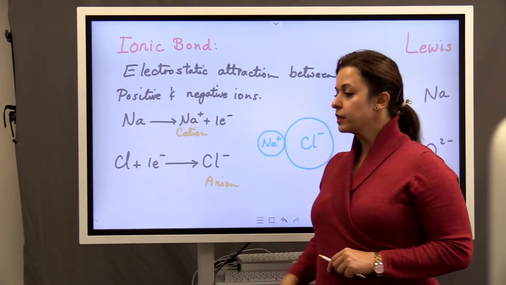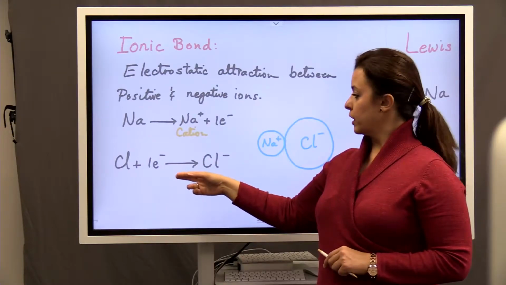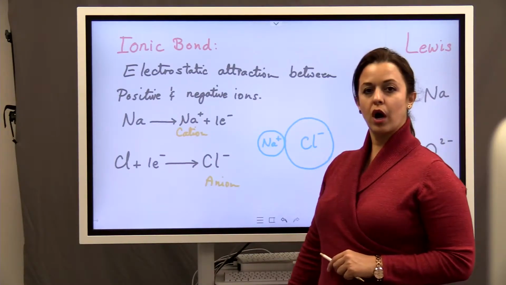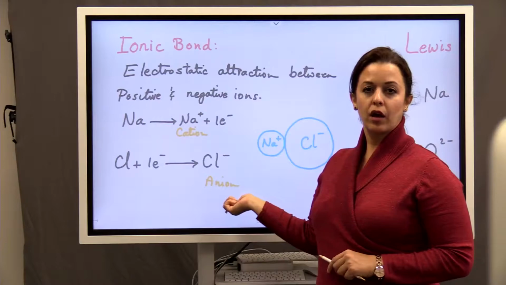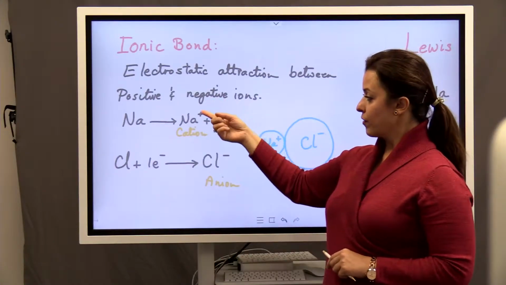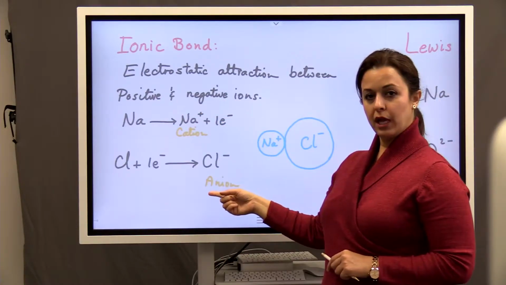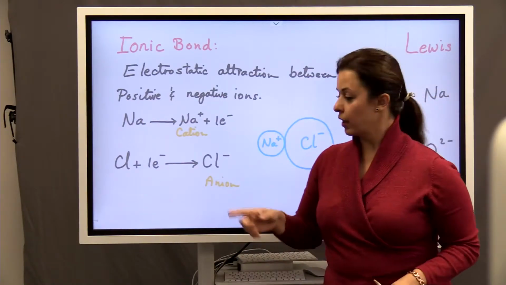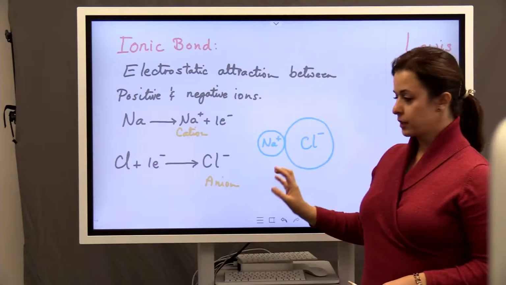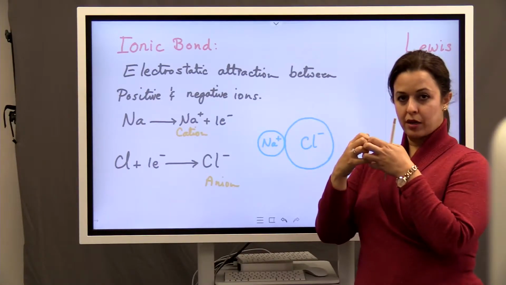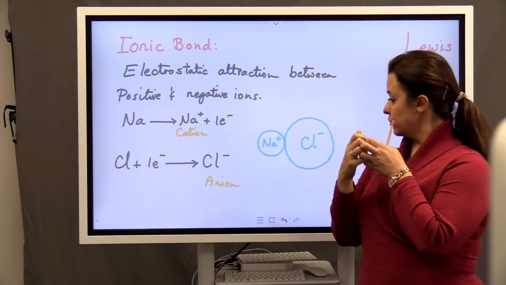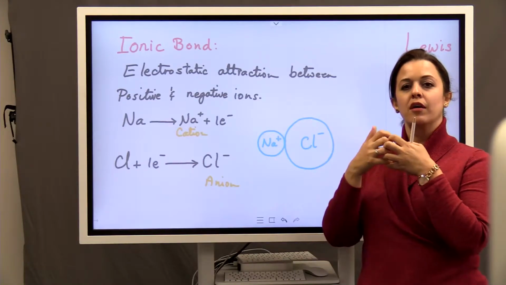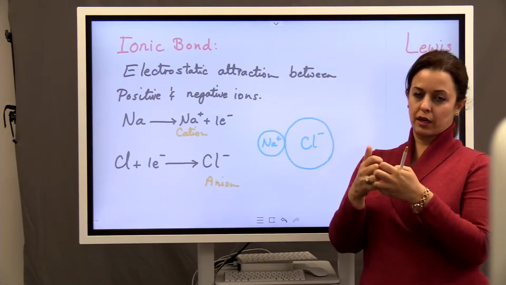On the other side, chlorine is ready to gain an electron and change to chloride, which is an anion. So we have the cation and anion ready. As soon as they form, they will stick to each other via an electrostatic attraction, a very strong electrostatic force.